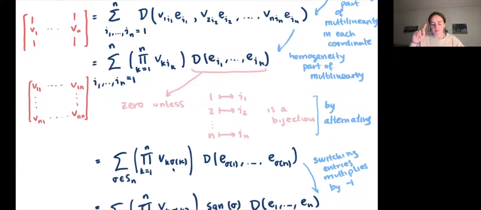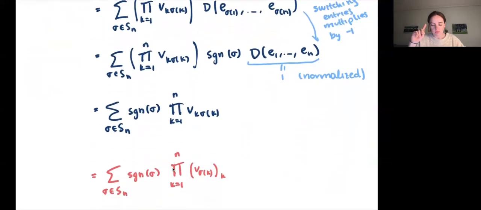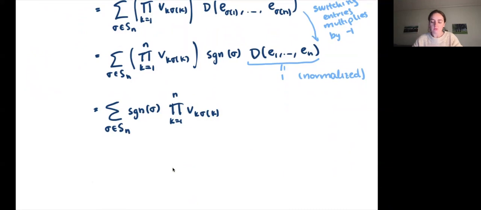Okay, so what have we shown? Let's rectify this problem. So this is the determinant. This is equal to det of the matrix where I have the V's as rows.